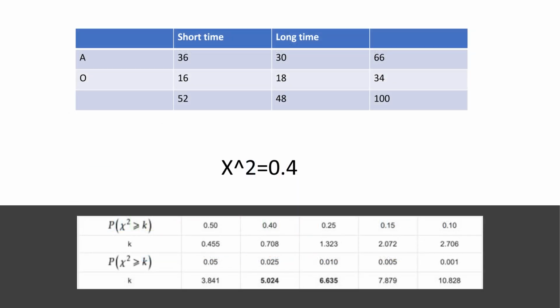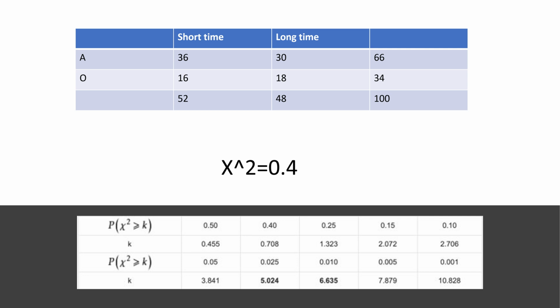The index is 0.4. According to that criterion, 0.4 is smaller than 0.455. So we can see the relationship between status and game time is not that obvious.